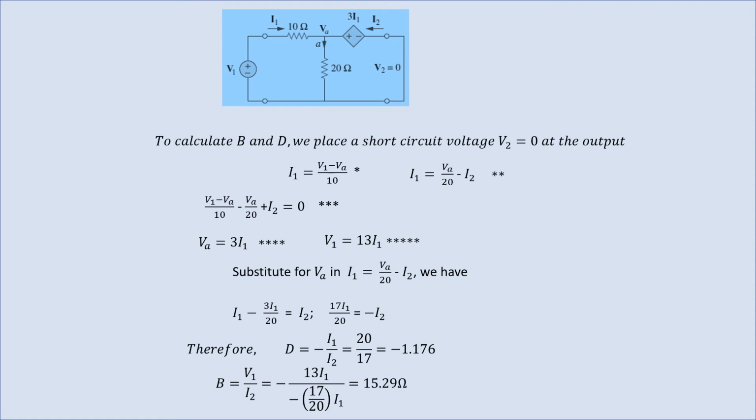Now, you should note that our VA will be equal to 3I1, because our VA minus V2 will be equal to 3I1. And remember that our V2 is already equal to 0. So our VA minus 0 equals 3I1, and our VA is 3I1.